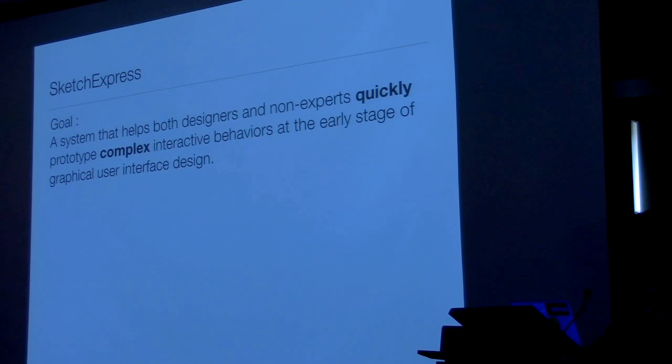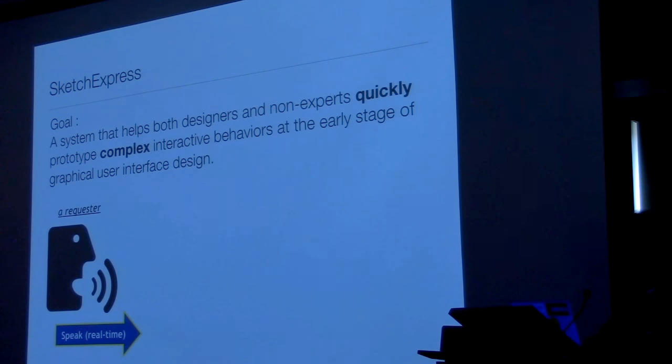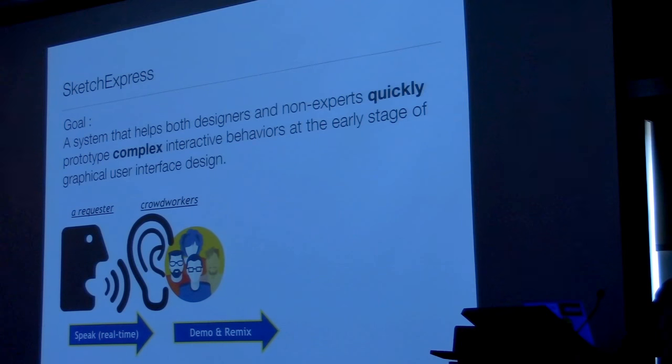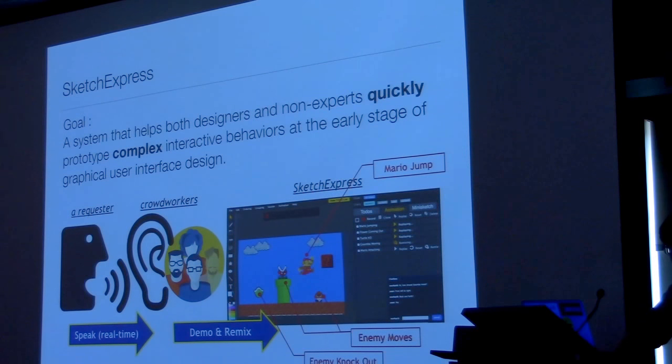In SketchExpress, a requester or designer verbally describes the interactive behavior that they want to the system, and then crowd workers behind the scenes listen to the verbal description and create interactive behaviors in real time. We provide an easy and expressive method called demonstrate and remix to create complex behaviors in an early sketch. At the end of the day, the designer will have a sketch that includes a set of interactive behaviors that can be triggered or replayed anytime by anybody.